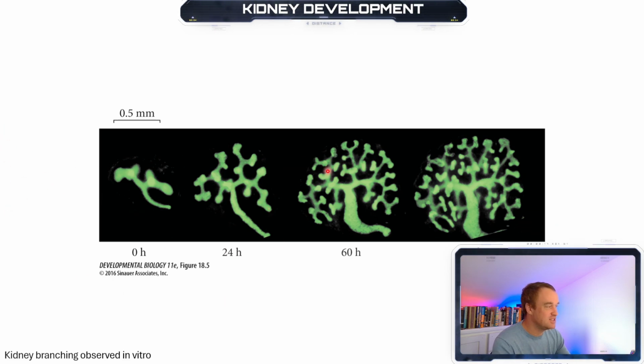So this is just an overview of kidney branching. This is a kidney rudiment from an 11.5 or 12-day mouse embryo. This mouse had transgenic GFP fused to HOXB7, which is specific for these renal tubes.